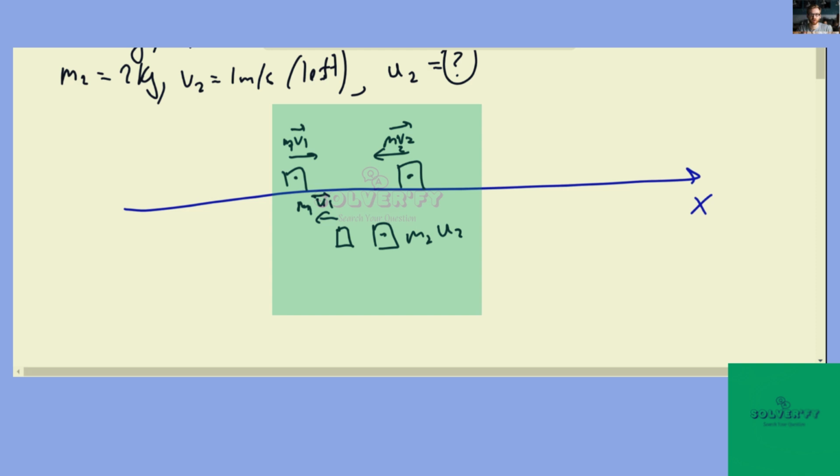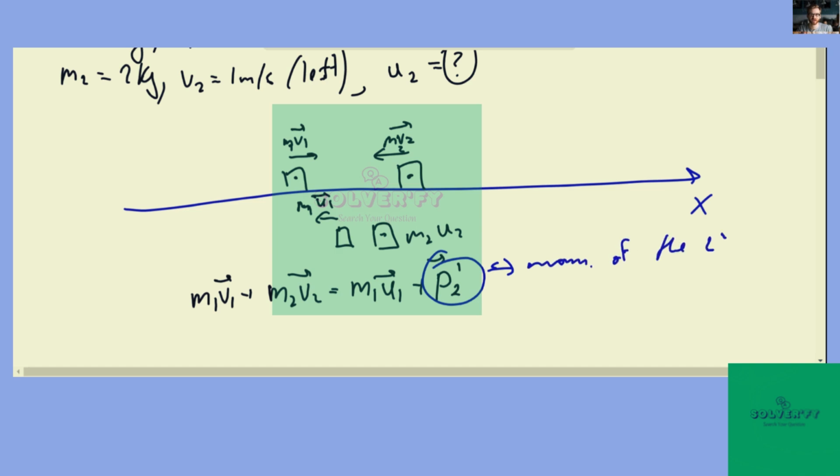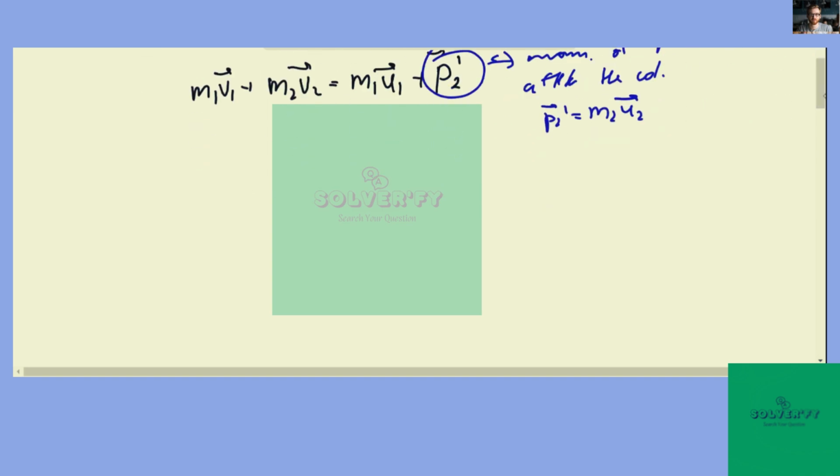Okay, so let's apply the conservation of momentum. So m1v1 in vector form plus m2v2 vector equals m1u1 plus p2 prime vector, where p2 prime is the momentum of the second block after the collision, and p2 prime equals m2u2.